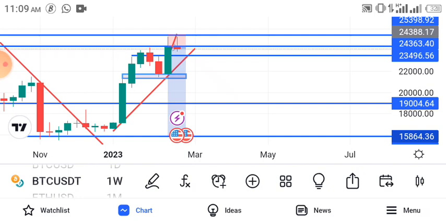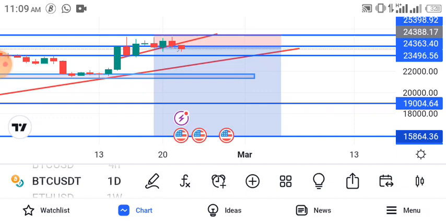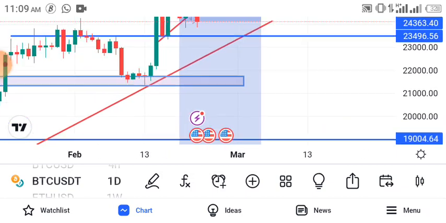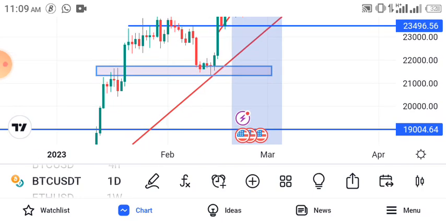So let's go to the daily time frame and see what we have. On the daily time frame, I am seeing something like a head and shoulders trying to form. You see the counter bullish trend happening in the overall bearish trend.